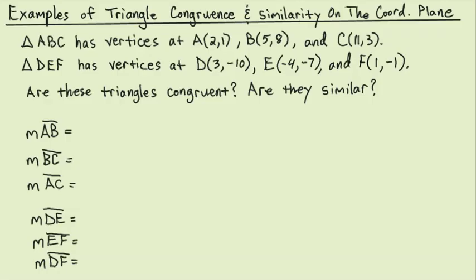Triangle ABC has vertices at A, B, and C, and triangle DEF has vertices at D, E, and F, as given in these coordinates here.